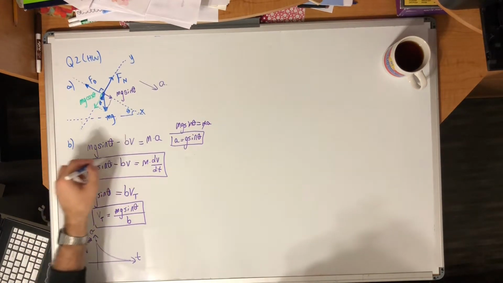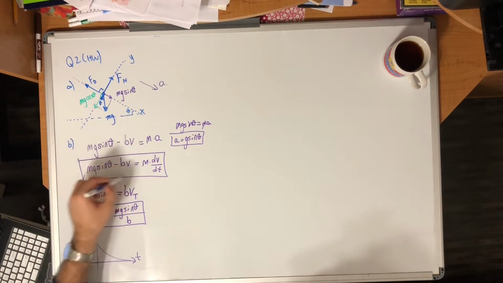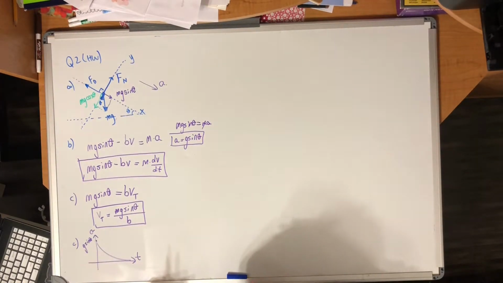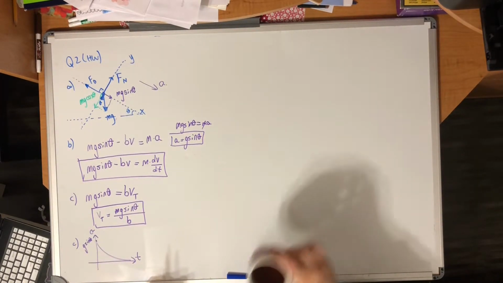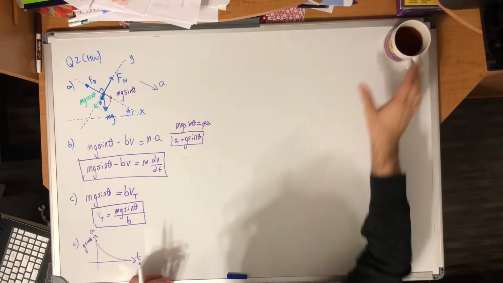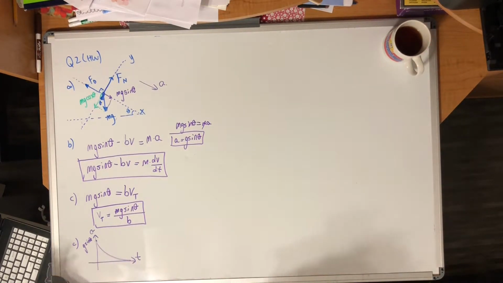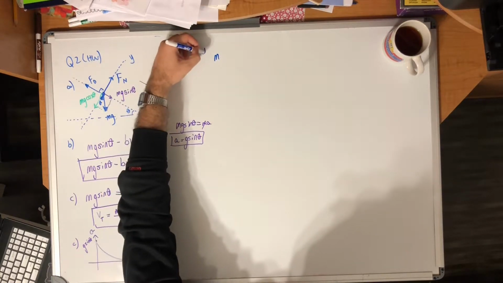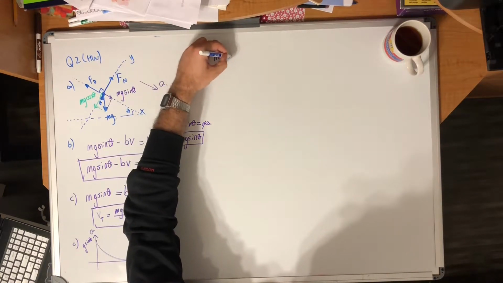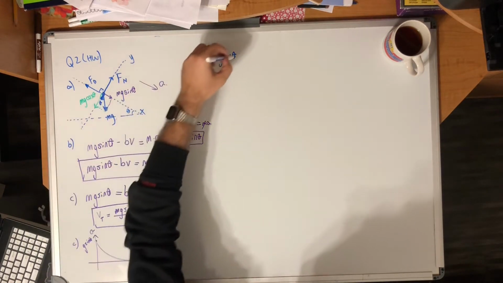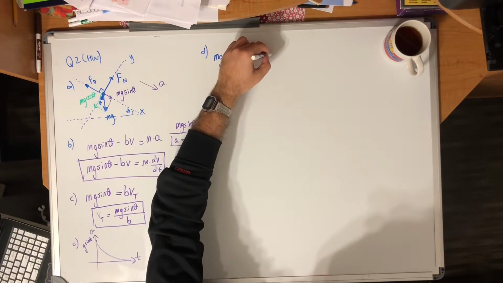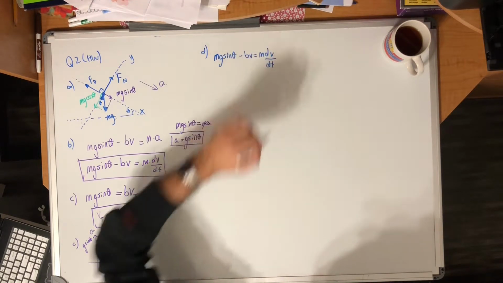This time I'm going to have a little bit more stuff to worry about over here, but the results are going to be the same. So let's see what we have. This is part D. mg sine theta minus bv equals m dv over dt.